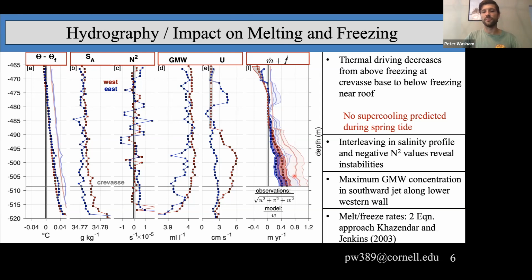And during springtide, they're about a meter per year. And then freezing rates at the top during neap tide dominate the springtide freezing. And this was all filled in with a model, basically a rising and sinking model, which I don't have time to explain.